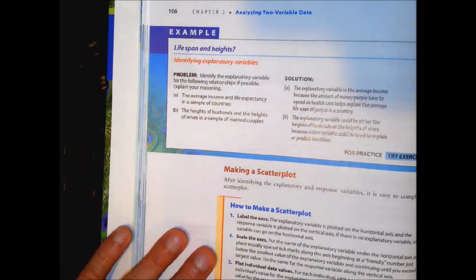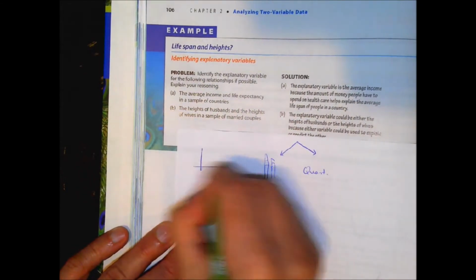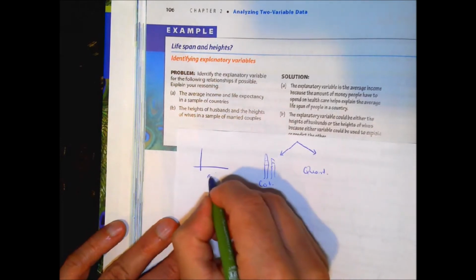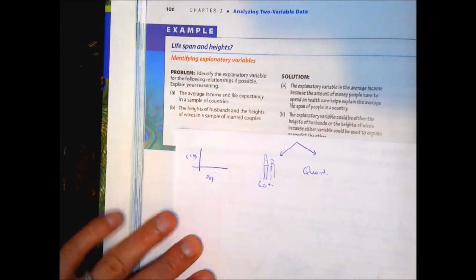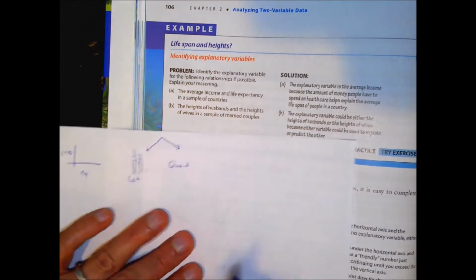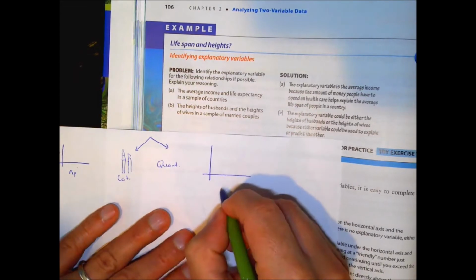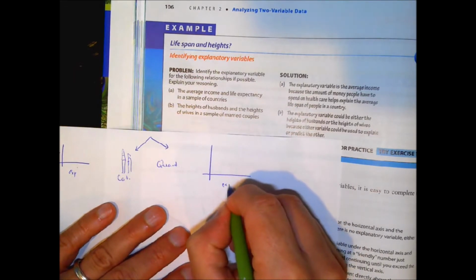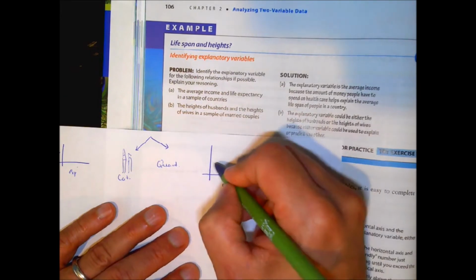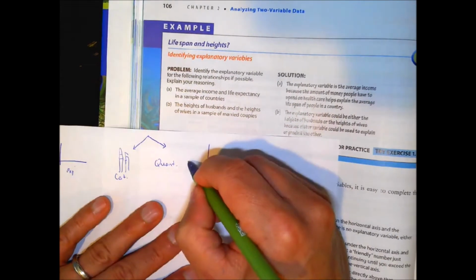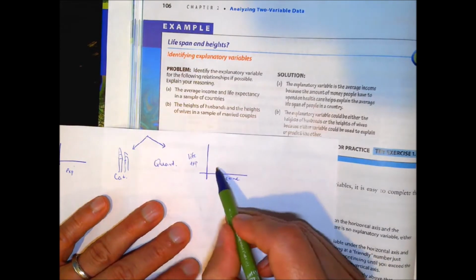If we were setting up a scatter plot for this, our x variable, our explanatory, would be income, and then we'd look at how long they lived as our result. You can take a guess what you'd see.